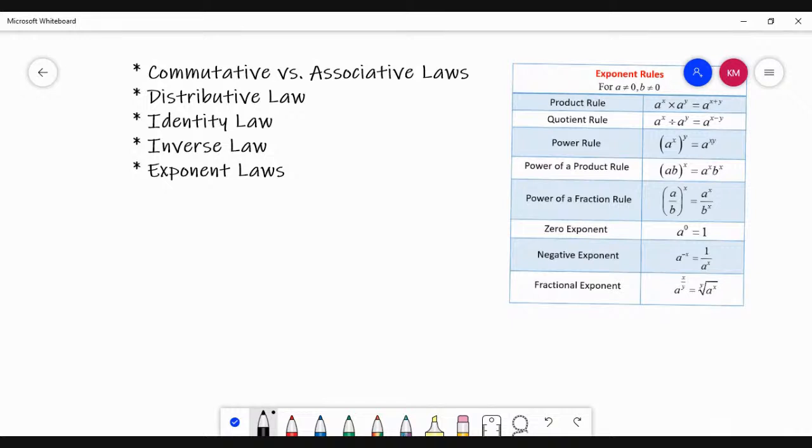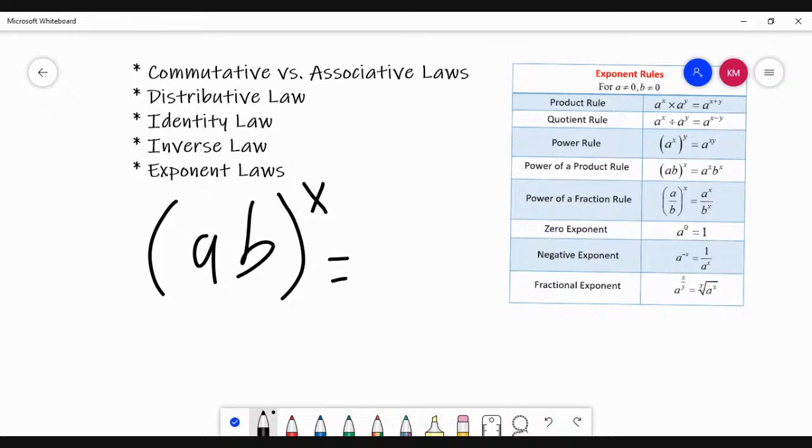Also, if you have two different numbers, A times B raised to a power, the A will be raised to a power and the B will be raised to a power.